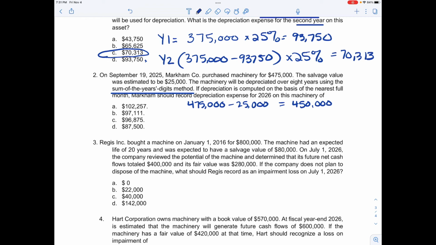Then I'm going to figure out the fraction that I'm using. This is an 8-year life. So I'm going to go ahead and calculate that bottom portion.